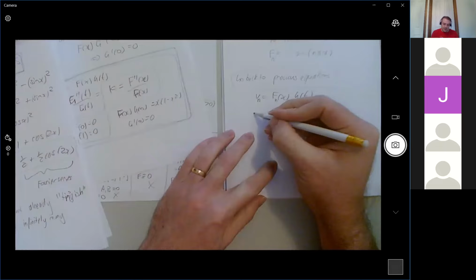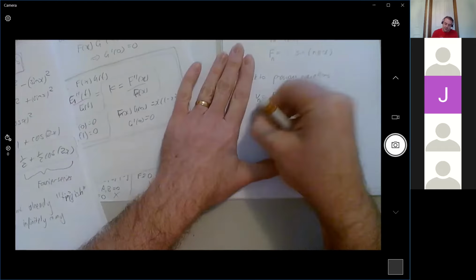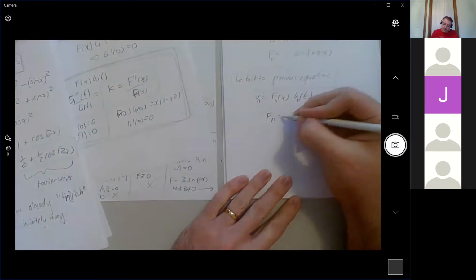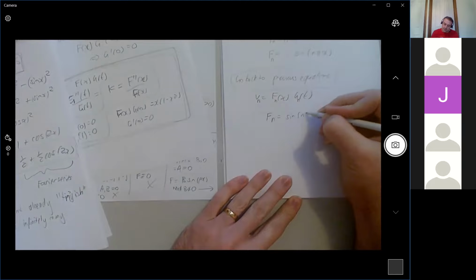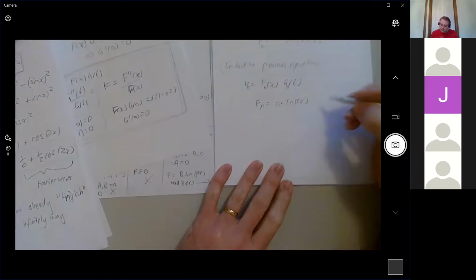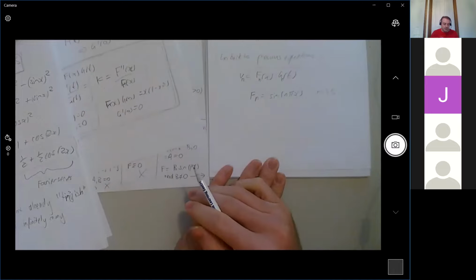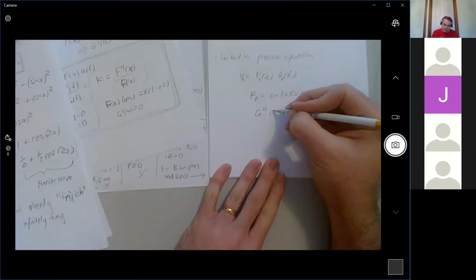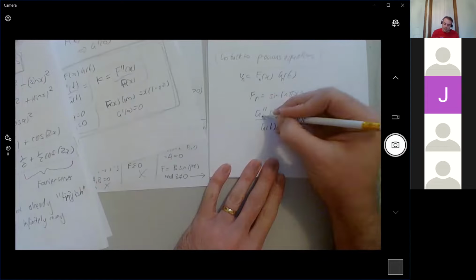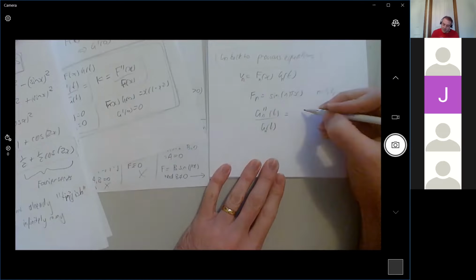And we have now that f n is sine n pi x. That's what we've discovered so far for n equals 1, 2, etc. And we also have that g double dash t over g of t, the nth g is going to be the nth k, which is minus n pi squared.